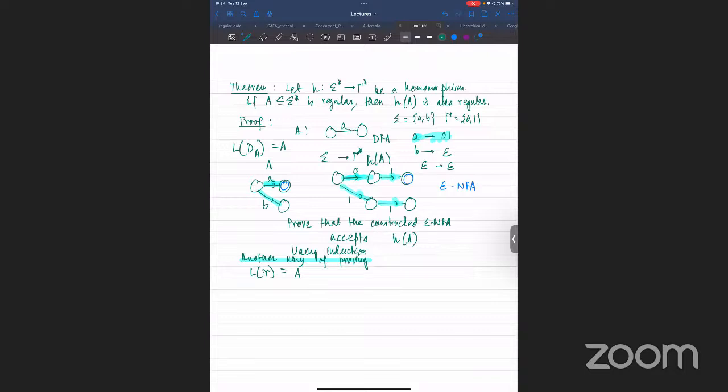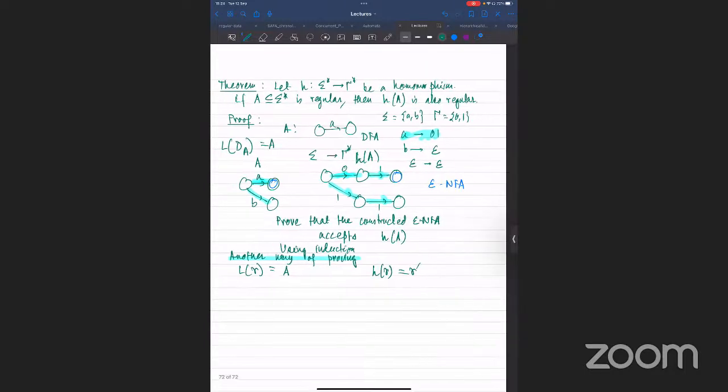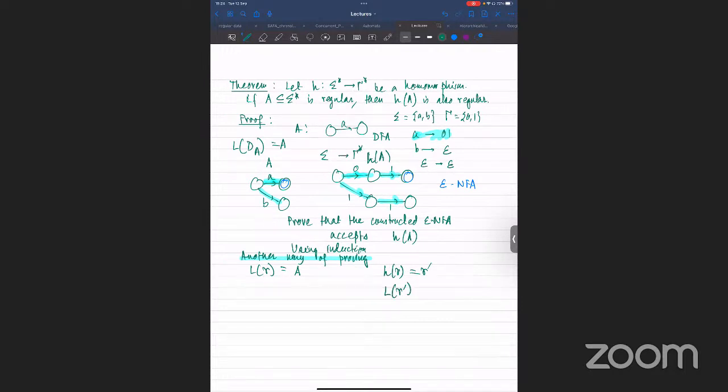So for example, you just think about this part, and you apply this mapping on R. You apply exactly this mapping on R. And suppose the resultant, H of R, let's say I call it R prime. And then what do we need to prove? That indeed L of R prime equals H of A.